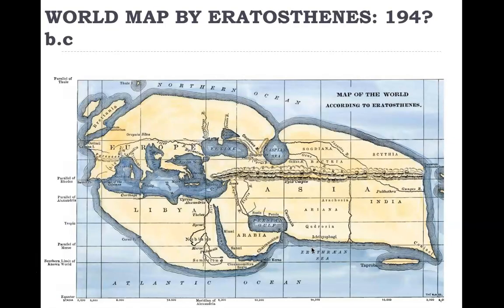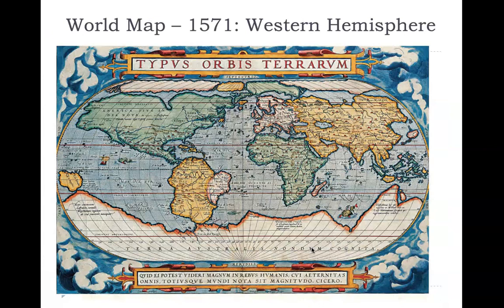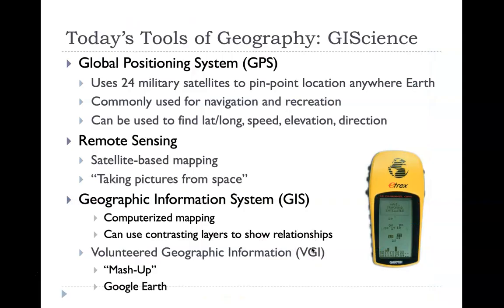So there's the world map drawn by Eratosthenes in 194. Certainly not a complete map, but it is what he knew at the time. All right, there's a world map in 1571. Also not a very complete map, but as we gain exploration, we see that things get a little bit tighter.